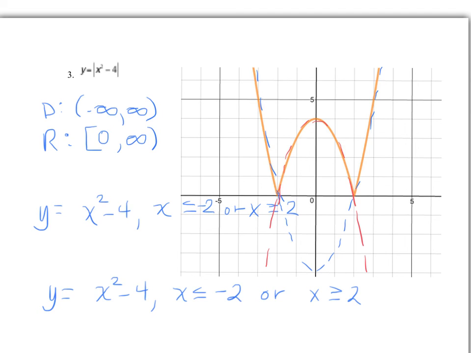What's the other piece? X squared plus 4. Not just x squared plus 4, but negative x squared plus 4 because it's opening down. Oh, yeah. And that's if x is between negative 2 and 2. So we can write that as this. Negative 2 is less than or equal to x is less than or equal to 2. That means between negative 2 and 2.